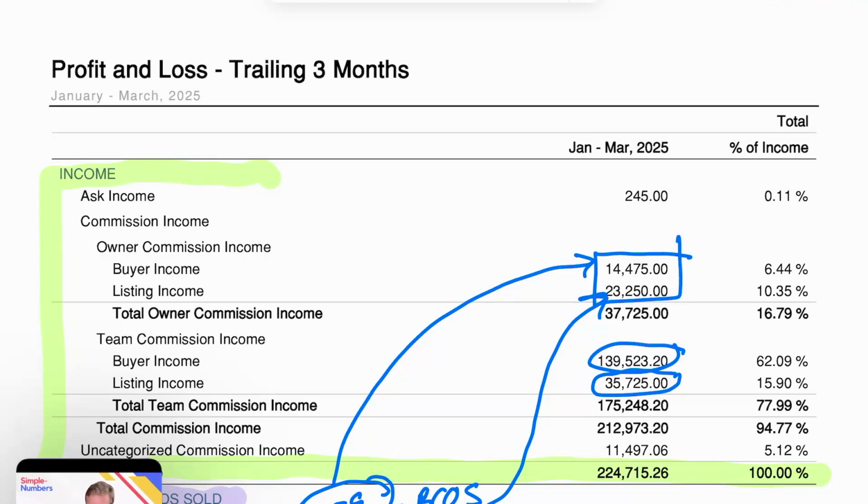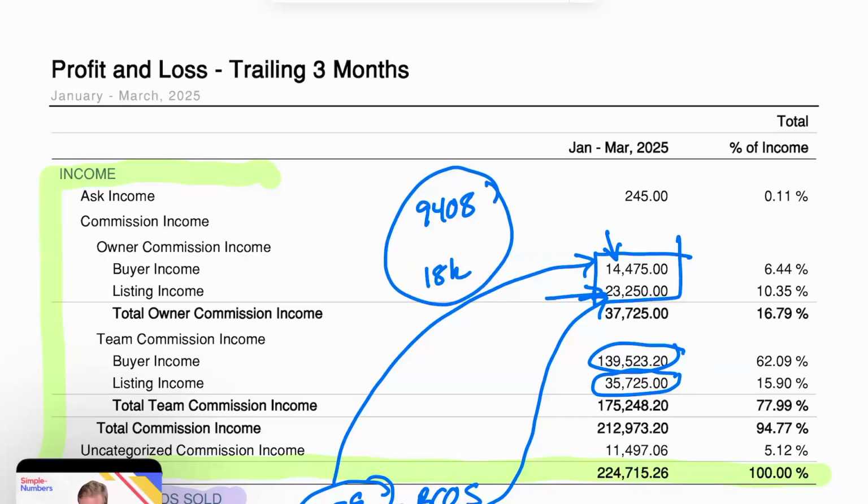So when we adjust for that, the cost of sale on this $14,000 of buyer income would have been $9,408. And on the listing $23,000, it would have been $18,000 paid out to agents on those deals. So when we add those two up, $27,408 would have been paid out on those deals, but weren't.